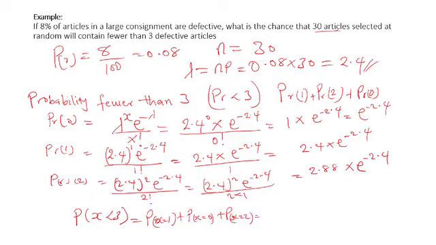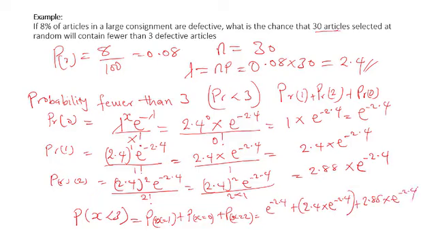Which is equal to e raised to the power minus 2.4 plus 2.4 times e raised to the power minus 2.4 plus 2.88 times e raised to the power minus 2.4.